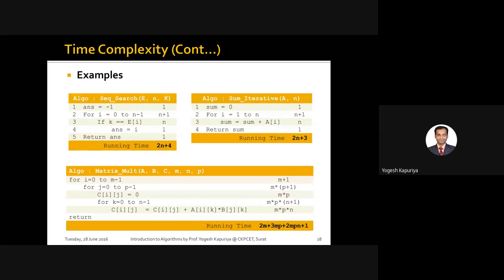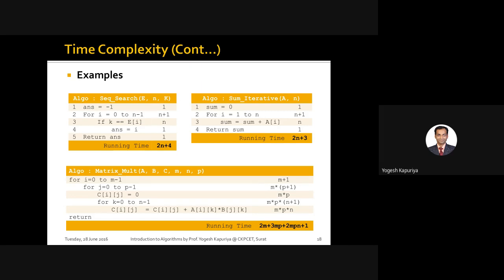Let's say my input is an array of size 5. I'm entering array elements as 5, 5, 5, 5, 5. Input is size 5, my array elements are 5, 5, 5, 5, 5, and I'm searching for 5, so my key value is also 5.